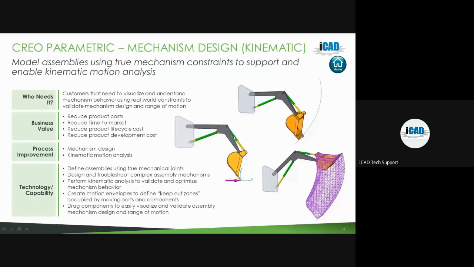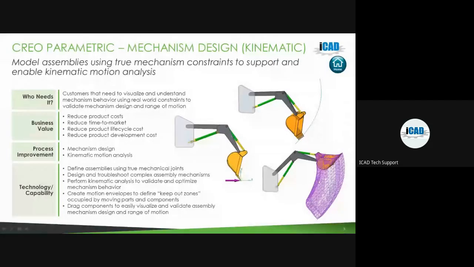As you can see in those images, in the last image, you can see these motion envelopes we can create. By using this envelope, we can define the keep out zones, meaning whatever area we have, we can give the motion of that part.